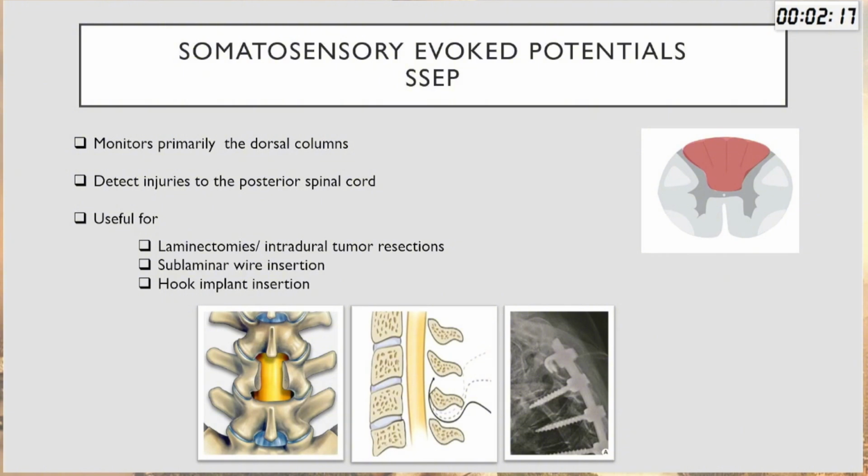With respect to somatosensory evoked potentials, we monitor primarily the dorsal columns. It detects injuries to the posterior cord, and it is useful for laminectomies, intradural tumor resections, sublaminar wire insertion or passage of the sublaminar wires if you hit the posterior part of the cord, and hook implant insertion.